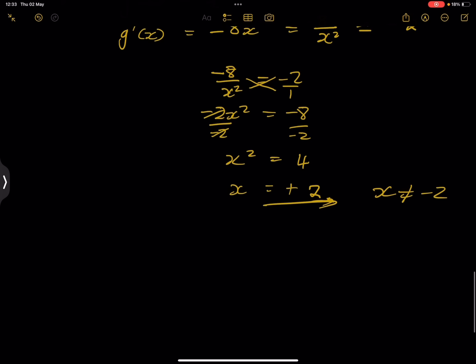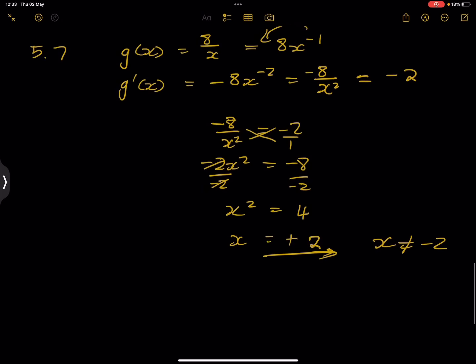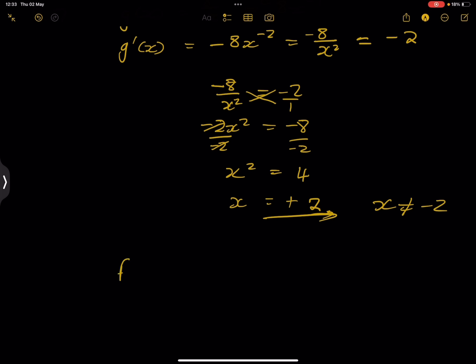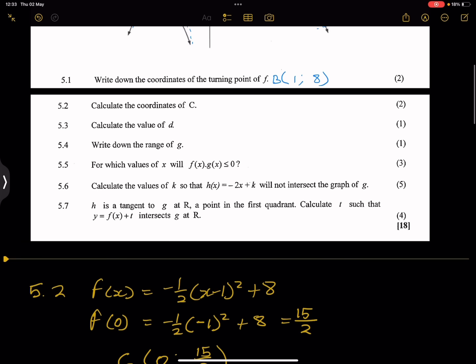Now, what would be the corresponding y value in this case? Well, I'd get the corresponding y value by taking that value there and substituting it. Now note, I'm going to substitute it into the graph of g because it should be equal to the graph of g, right? That's what they said to us.